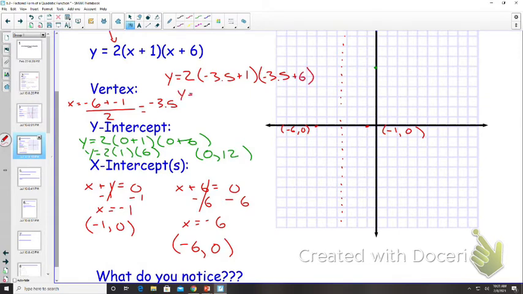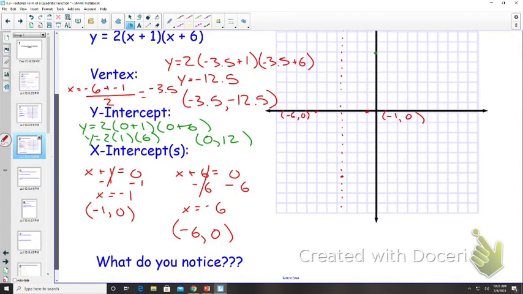If you do that, I get negative 12.5. So there's my ordered pair right there: negative 3.5, negative 12.5. So 2, 4, 6, 8, 10, 12. So about here, I think.